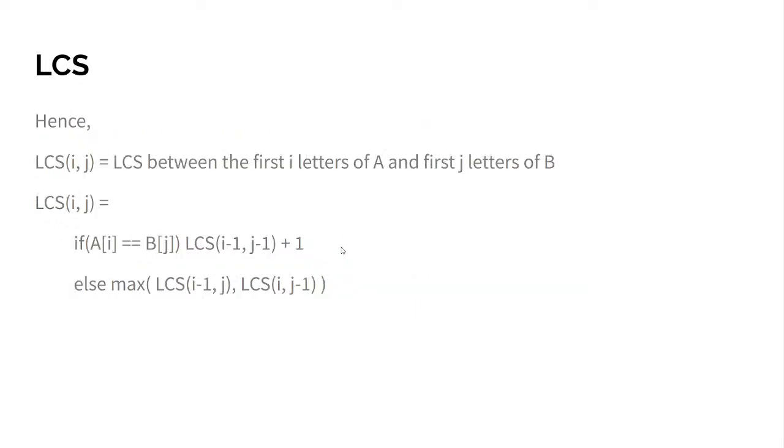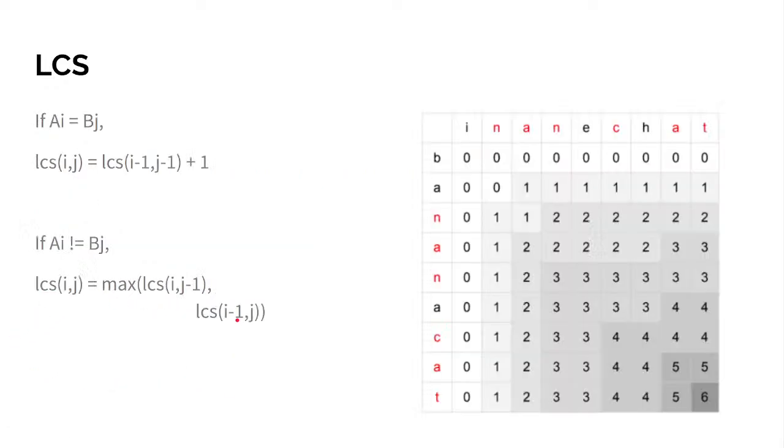So in code terms, let LCS ij be the LCS between the first I letters of A and the first J letters of B. If Ai is equal to Bj, then we take LCS of i minus 1, j minus 1 plus 1, or else it's just the max of LCS i minus 1 j and LCS i j minus 1.